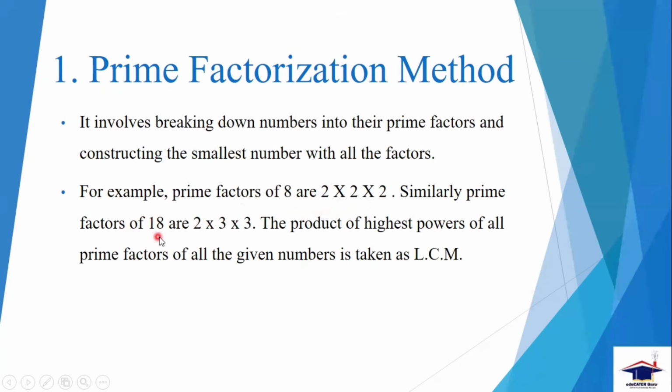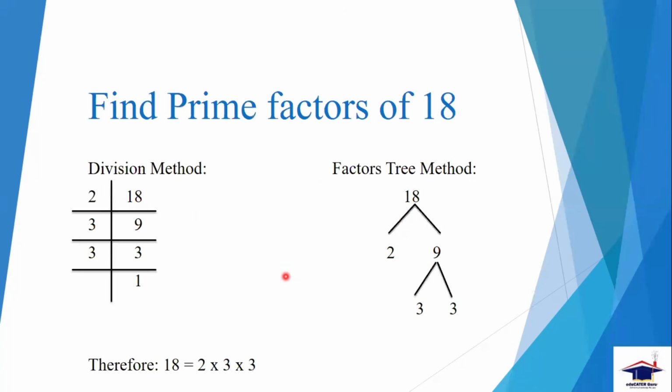Similarly, the factors of 18 are 2, 3 and 3. 2 3s are 6, 6 3s are 18. So the product of highest powers of all prime factors of all the given numbers is taken as LCM. Let us see further with a problem and an example which will make you understand even better in an easier way.